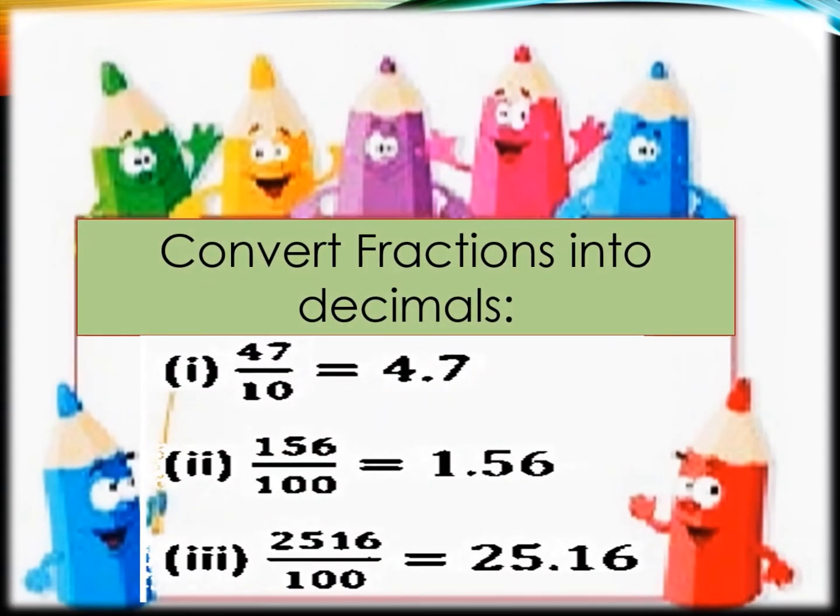Now the question comes, convert fractions into decimals. Now this is the reverse. Earlier we have done decimal to fraction. Now fraction to decimal. The first is 47 upon 10. You can see here there is 1 zero in 10.